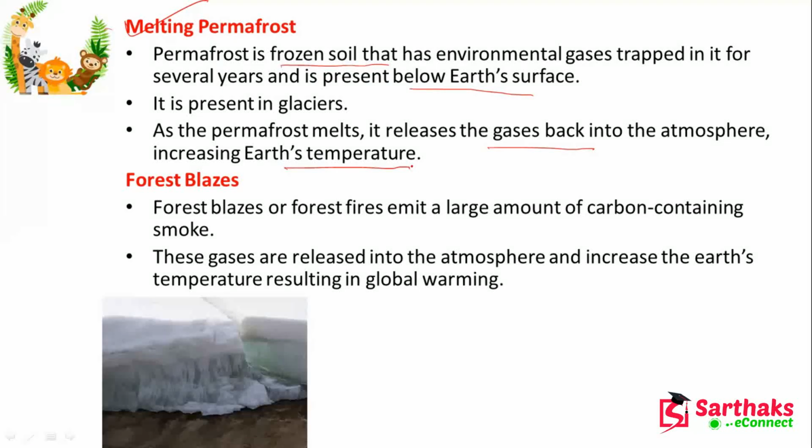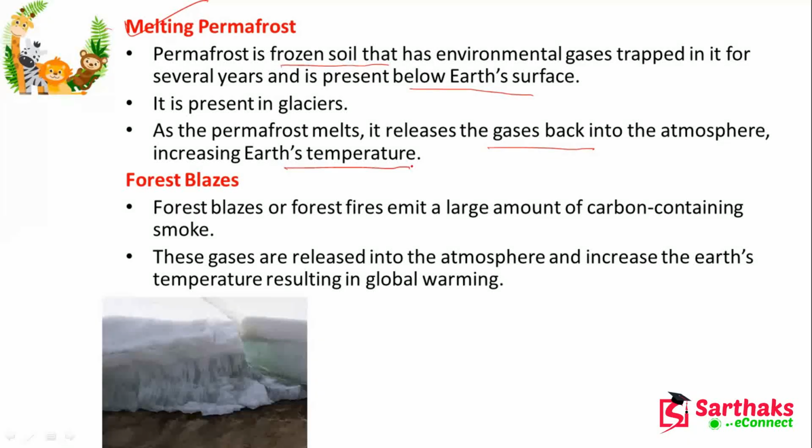Another reason is the forest blaze. Forest blazes or forest fires emit a large amount of carbon dioxide. Also, a large amount of heat will be produced, and that's why global warming will occur.